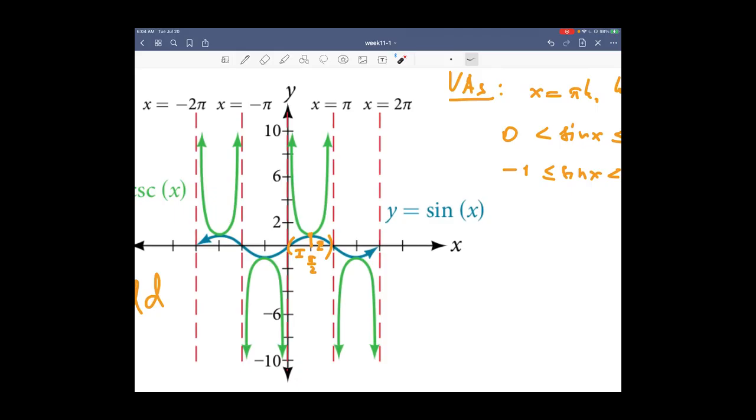Once we have the graph of cosecant from 0 to pi, we can reflect about the origin, get this piece, and this is enough because cosecant is of course 2 pi periodic. Once we get it from negative pi to pi, we can copy paste that piece and extend in either direction and get the entire graph of cosecant x.